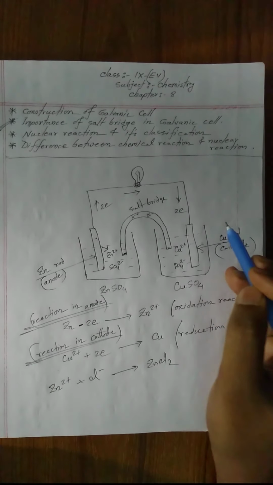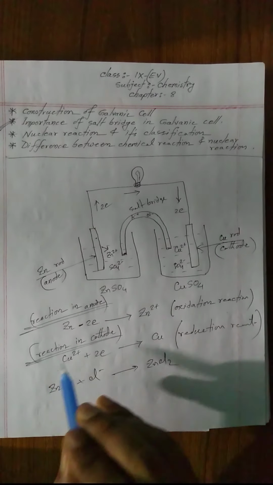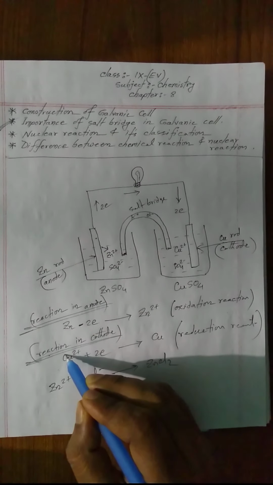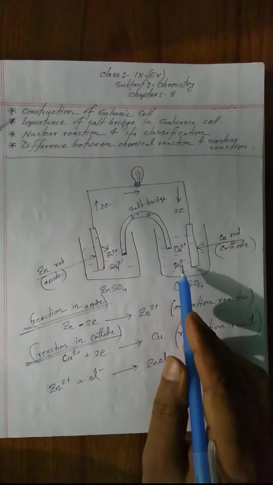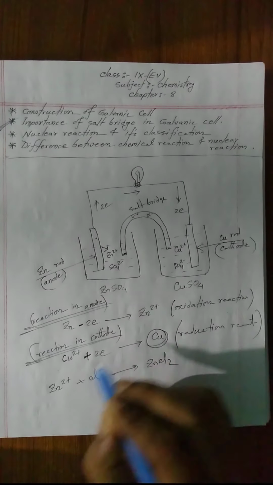Similarly, in the second pot a reduction reaction occurs, that means copper ion from this solution accepts 2 electrons and forms free copper.